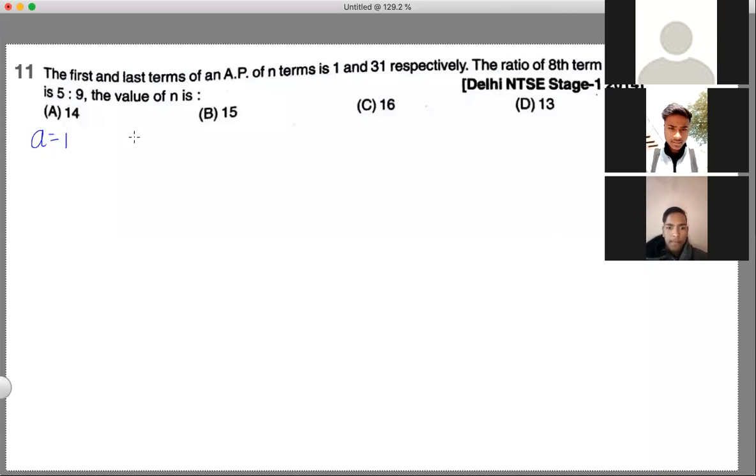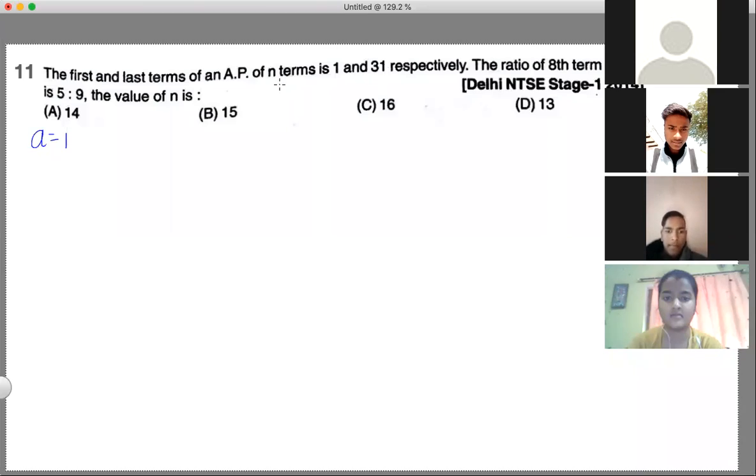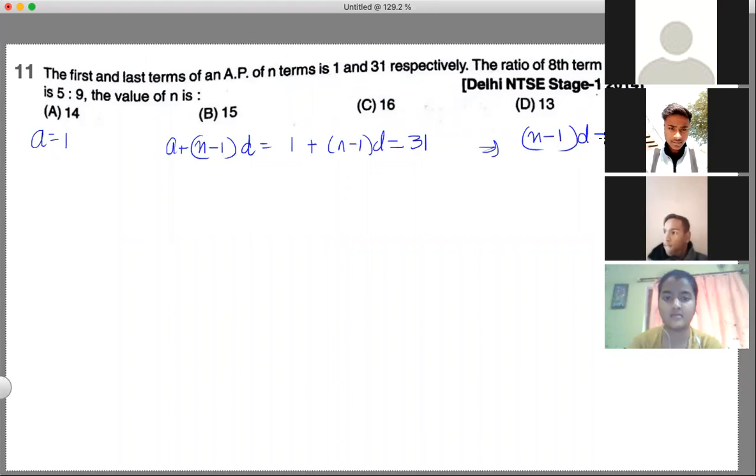We also know that the last term will be A plus n minus 1d, is equal to 1 plus n minus 1d is equal to 31. It implies n minus 1d is equal to 30.